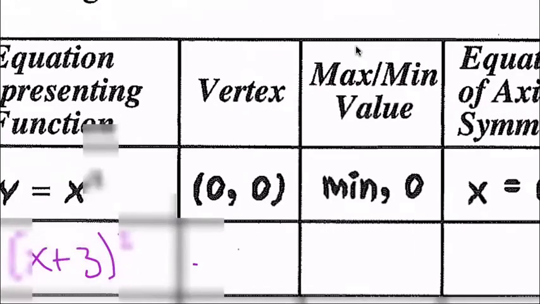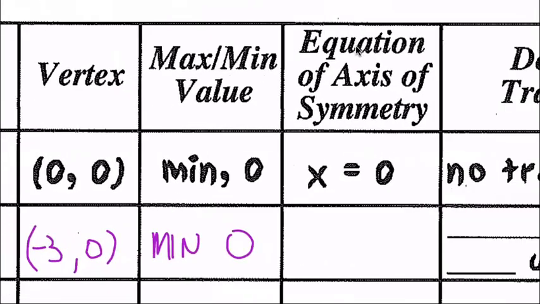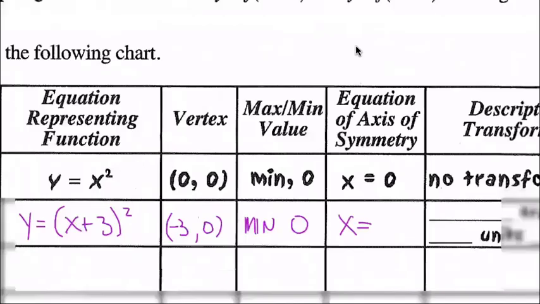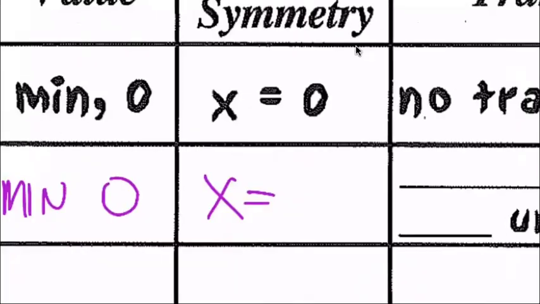Negative 3, 0. We have a minimum value still, and that minimum value is 0. And our axis of symmetry, though, it moved. X equals, what splits this line directly in half? That line right there, x equals negative 3.